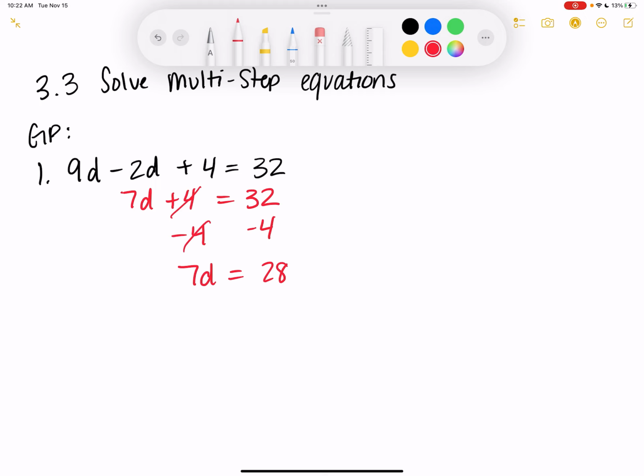Divide by 7 on both sides. So d equals 28 divided by 7, which is 4. And just like what we did, you can check it by plugging it back in.